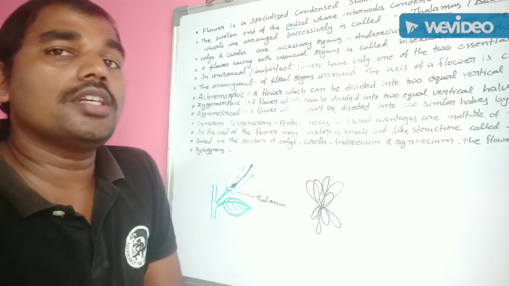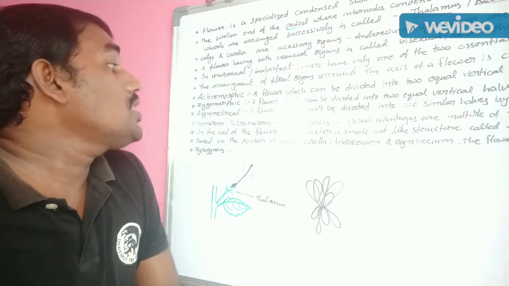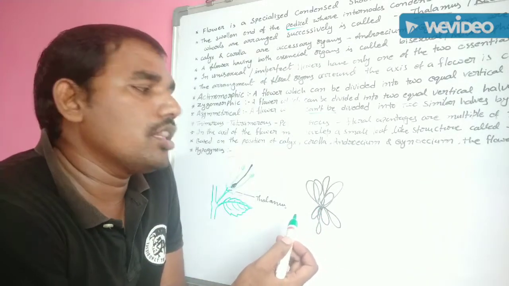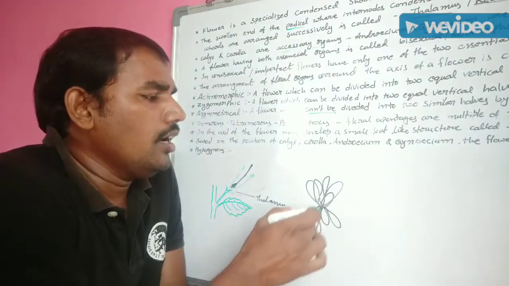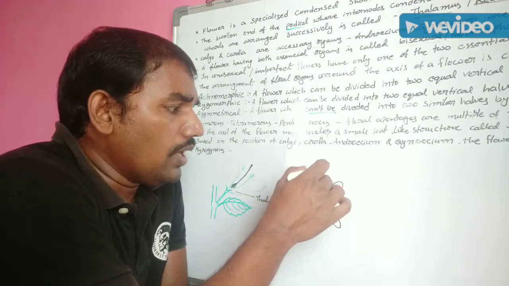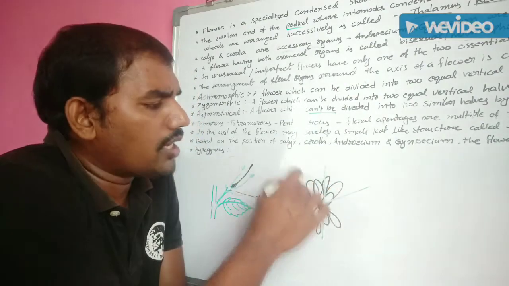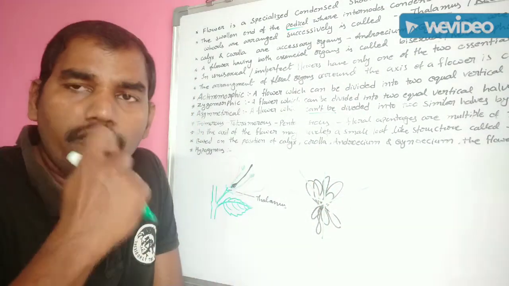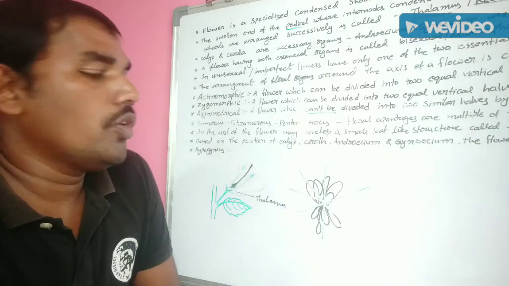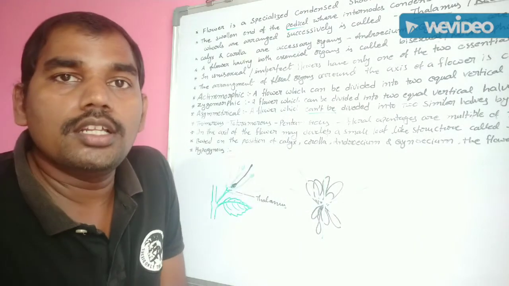This type of flowers are known as asymmetrical. Suppose canna, the canna flowers do not give two equal halves in any direction or any vertical plane. This type of flowers are known as asymmetrical flowers.